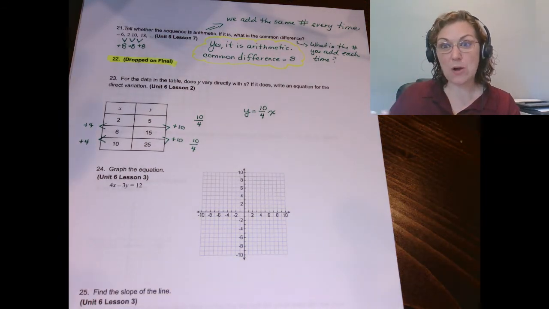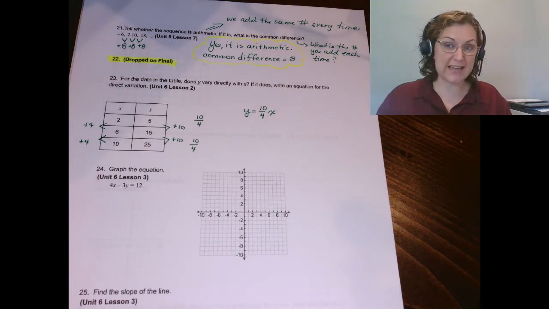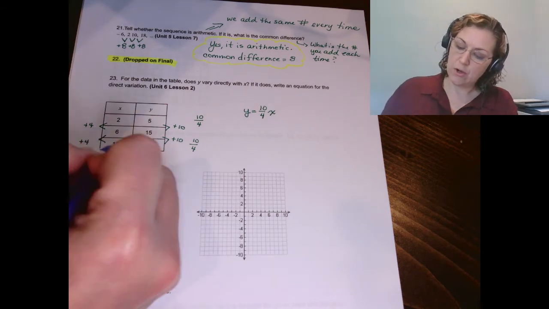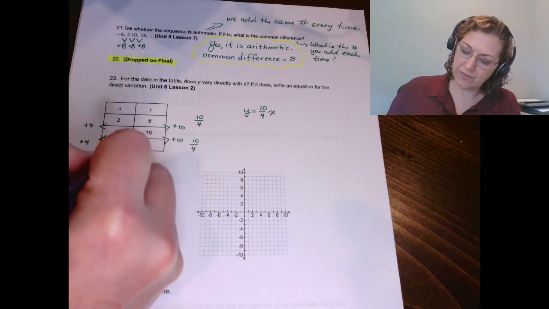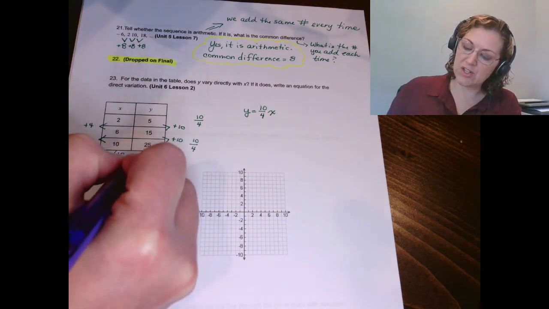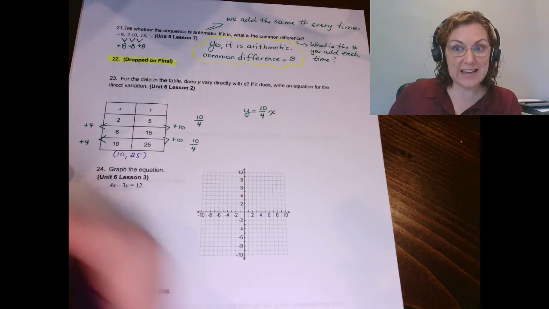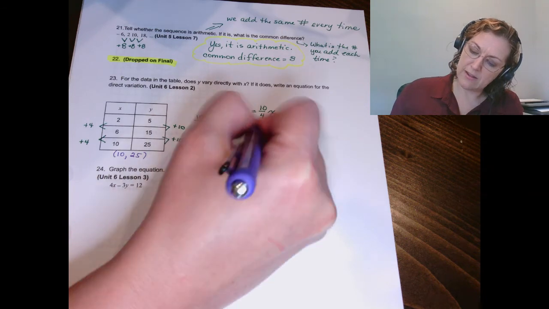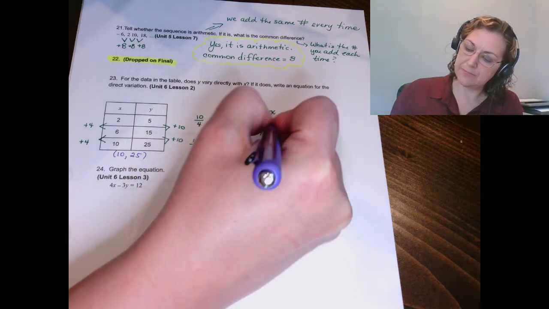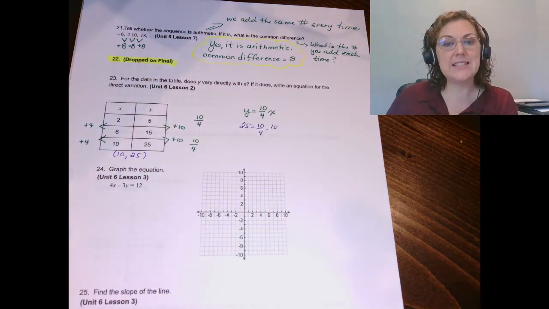And that's our equation. Now, if you want to test it, let's test it. We're going to use the point (10, 25). I'm going to put in 25 for y and 10 for x, and I need to see if this is true.